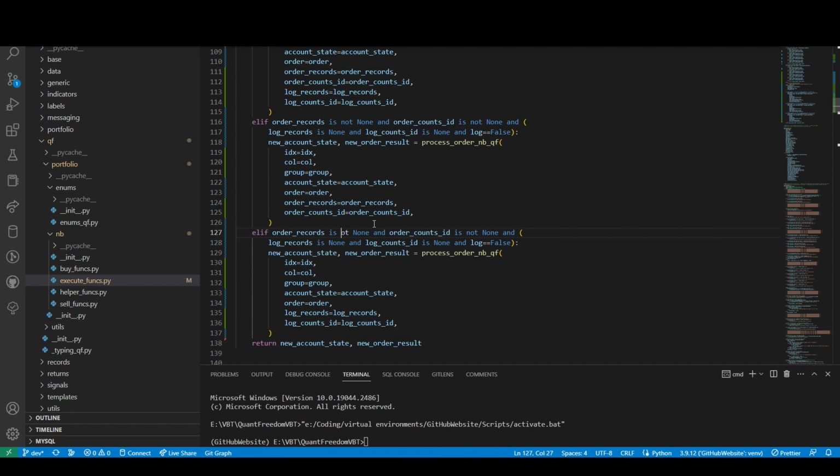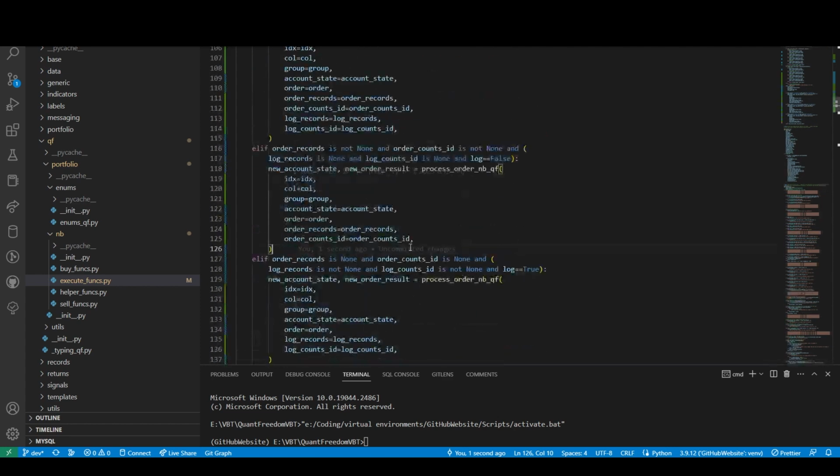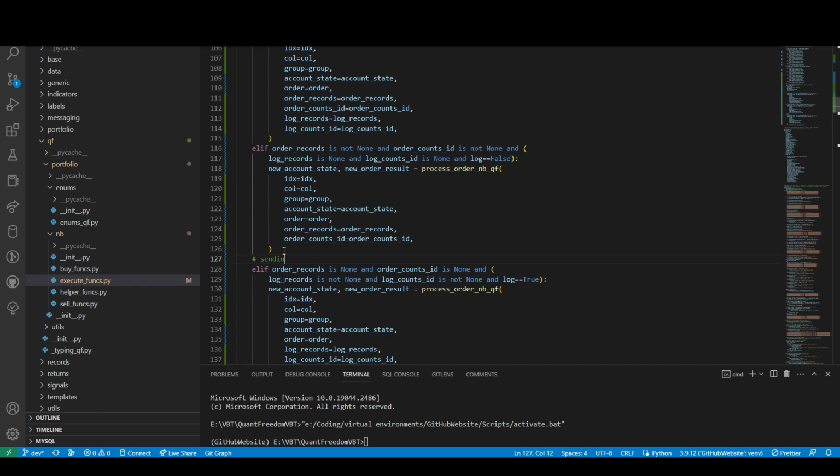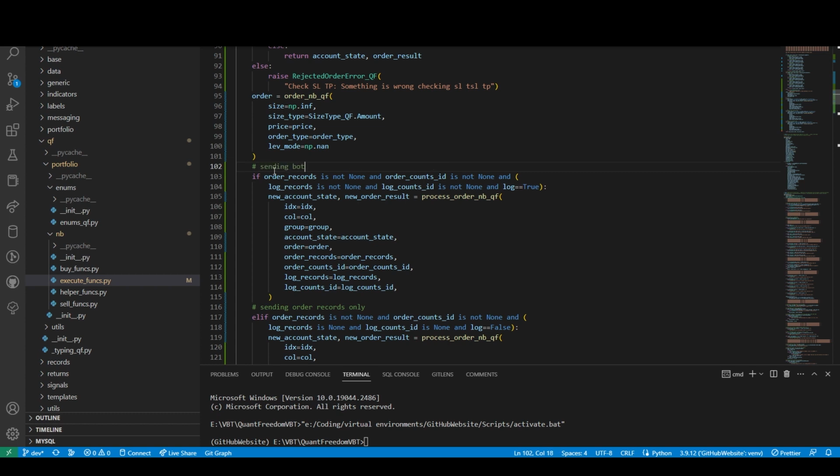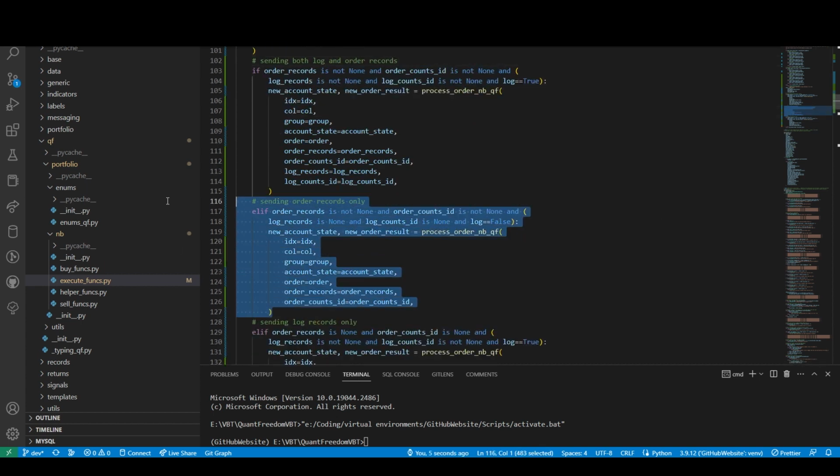So if order records is none and order count is none, and log records is not none and log count is not none, and log equals true, then do this one. Boy, oh boy. I feel like this one is probably going to be the one that's used the most, so we probably want to just put this first.